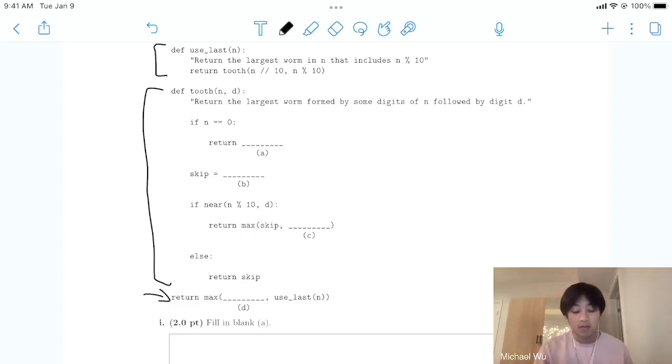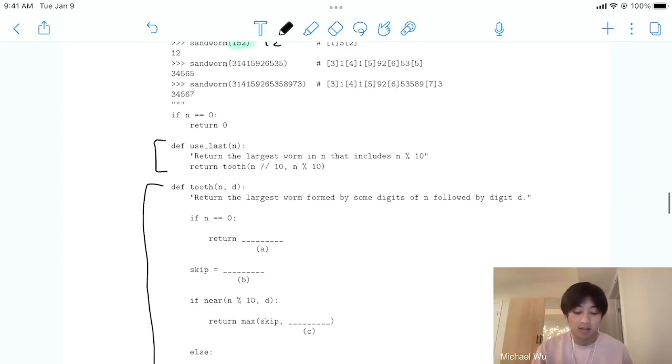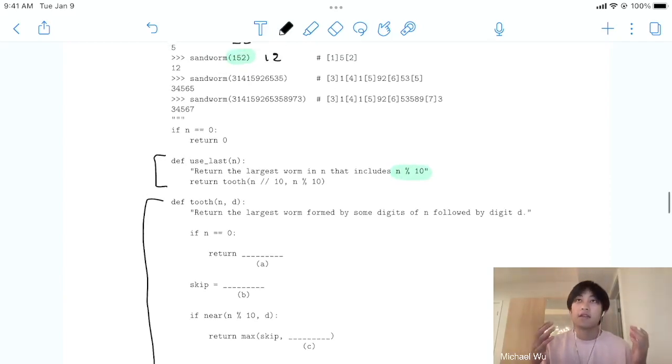So we're returning the max of two things. One is something that we have to figure out, and another is use last on n. The names are actually pretty useful here. Use last essentially returns the largest worm in n that includes the last digit, which is n mod 10. If we want the largest worm, we can think of this as splitting up into two cases.